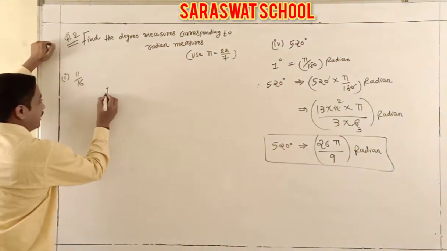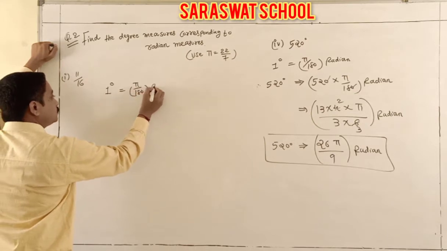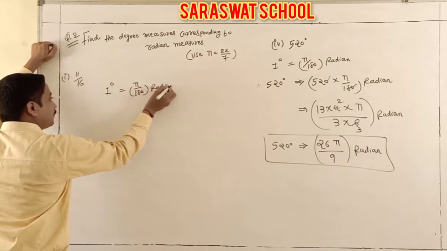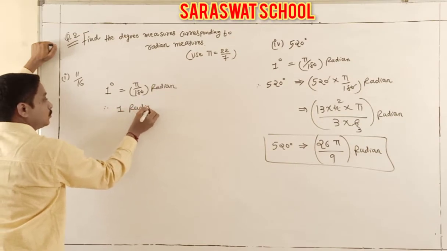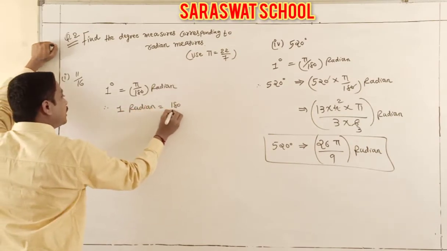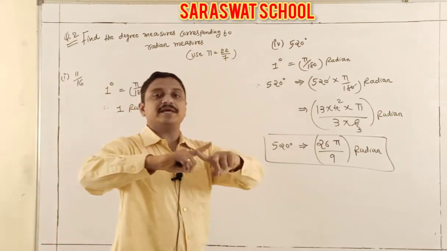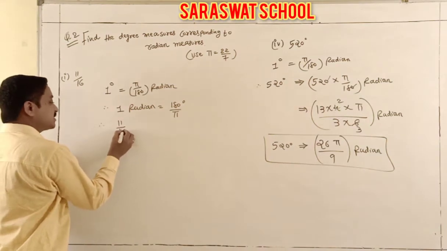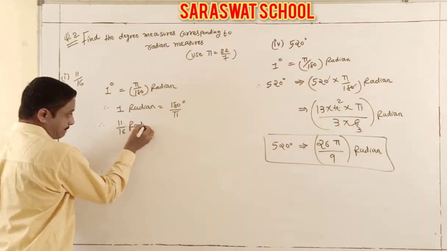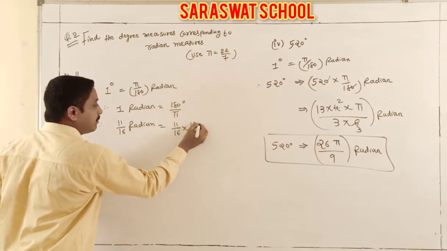Yes, you know that. So what is 1 radian? It's very easy: 180 by pi degree. Only just cross multiply. So I have here 11 by 16 radian is equal to 11 by 16 into 180 by pi.